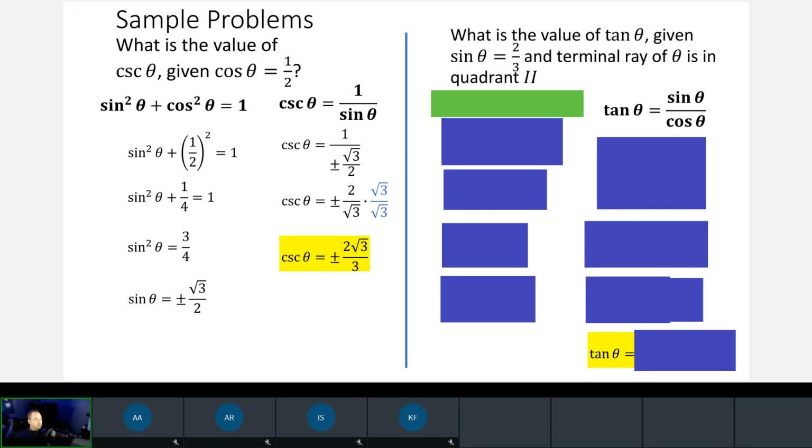All right. My reasoning behind choosing this: obviously we need to know what tan is, and it's sine over cosine. We already know sine, but now the problem is I need to know what cosine is. So I have to think of another identity that will fill that gap and give me cosine.